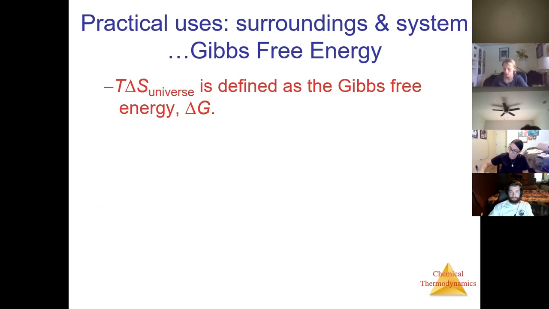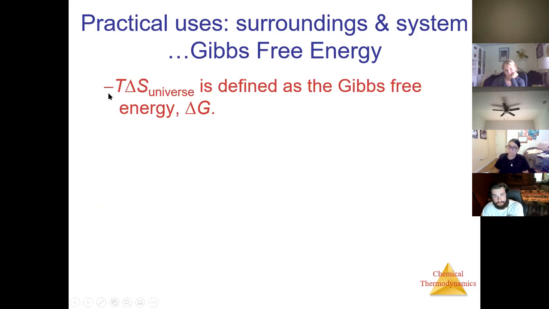So, remember we said for spontaneous processes, delta S is positive. If for a spontaneous process delta S universe has to be positive, what is the sign of delta G? Would it also be positive?